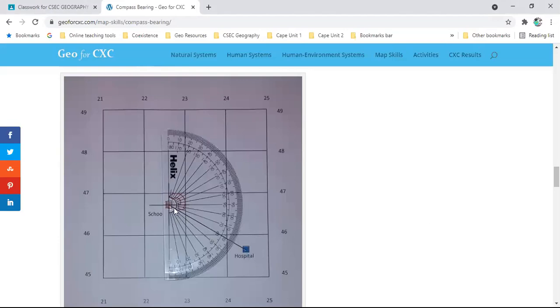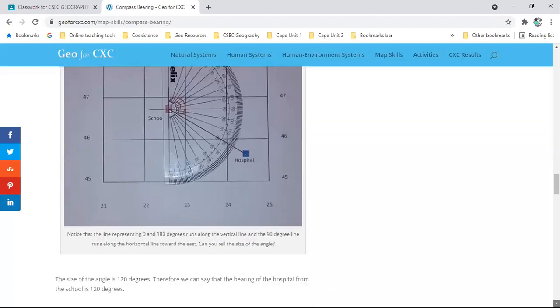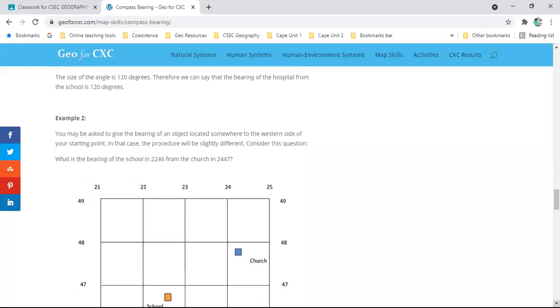Get your protractor and line it up with 0. You're not reading from the bottom. You're reading where 0 is and you go around. So that is the start. 0, and you see that that falls on 120. So the angle is 120. You all see that? Yes, miss. Nasania, you understand that? Yes, miss.